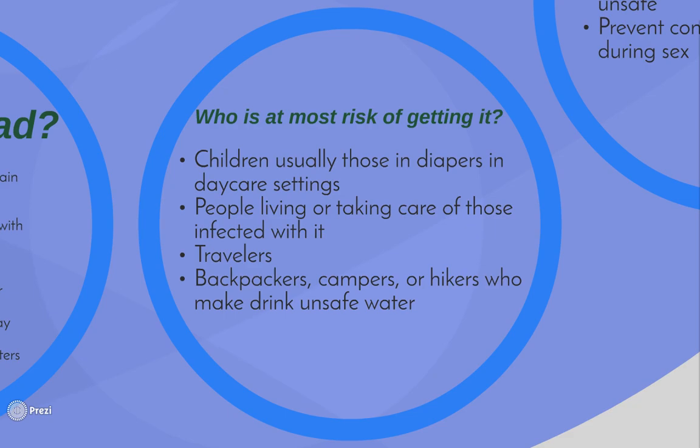It can be easily overlooked, and thus children can contract it through their own fecal matter. Or the caretaker can contract it because of the neglect of leaving the child in their own fecal matter, so they run a bigger risk of getting it as well.